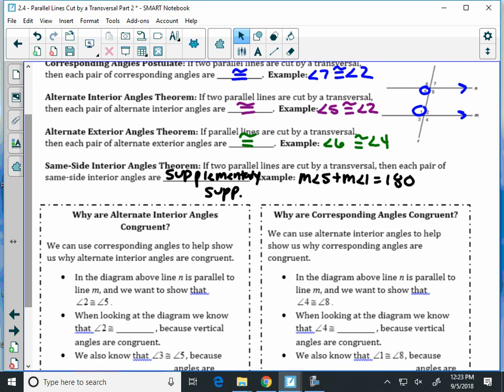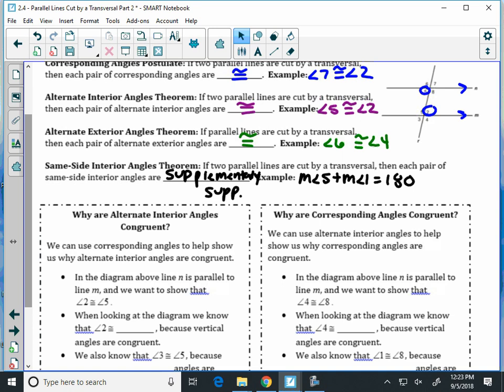In this diagram above, we know n is parallel to m, and we want to show that angle 2 is congruent to angle 5. We want to show why those are congruent to each other. I have to start with one of those angles, so we're going to start with 2.